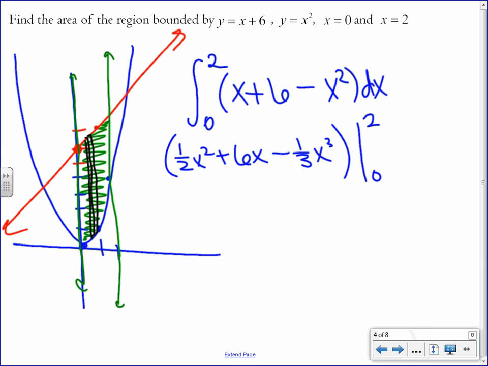All right, we plug in 2. 1/2 times 2 squared plus 6 times 2 minus 1/3 times 8, minus, when I plug 0 into all of those, it's 0, right? I plug 0 into all of them. Okay, what is 2 plus 12 minus 8/3? 34/3.